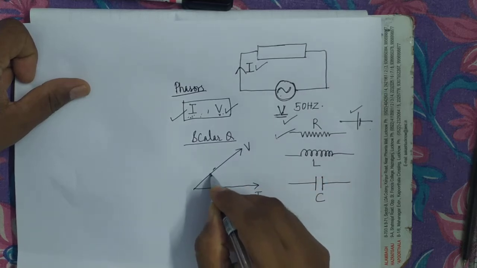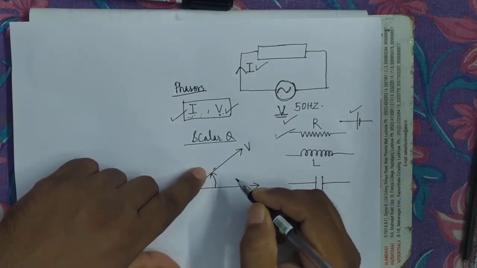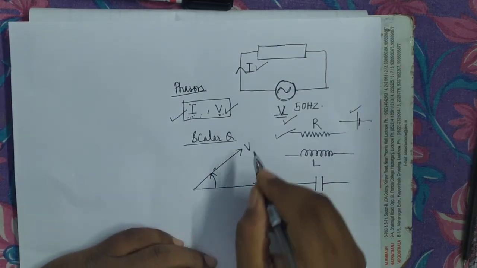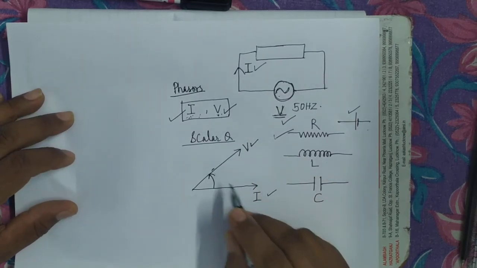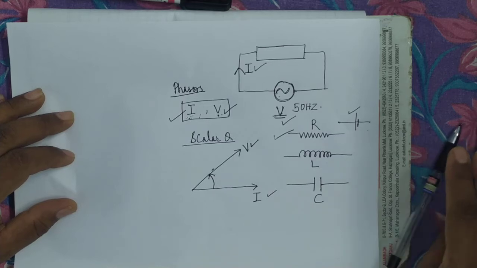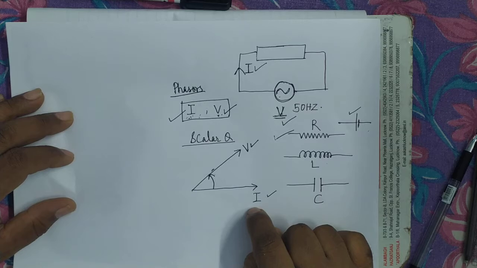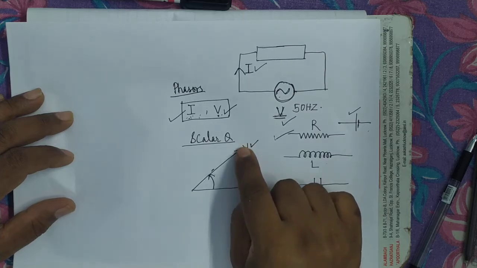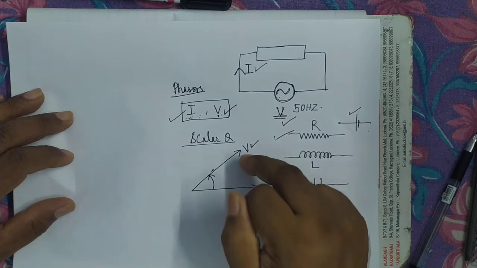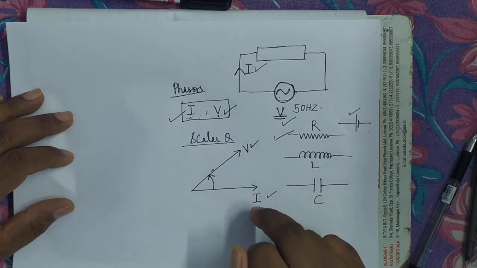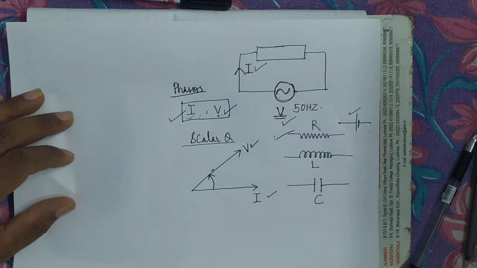As we know, angle is measured in the anti-clockwise direction, so this is the positive direction, this angle is positive angle, means here voltage is leading the current. Voltage will become zero earlier than current. Voltage will change its polarity earlier than the current changes direction. Voltage will achieve its maximum value earlier than the current achieves its maximum value.